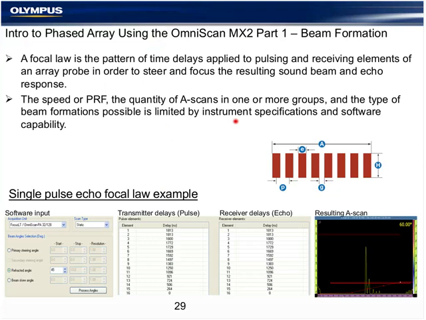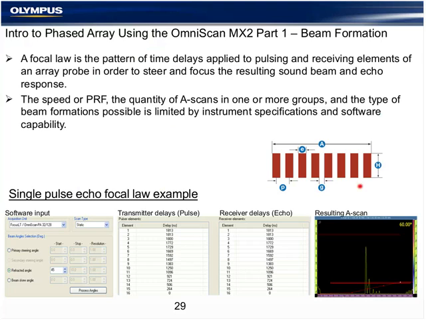Now we're getting into the beam formation portion of the presentation, the most important part. We've configured our probe, wedge, and material. So what exactly happens to form this one A-scan with a multi-element phased array probe?